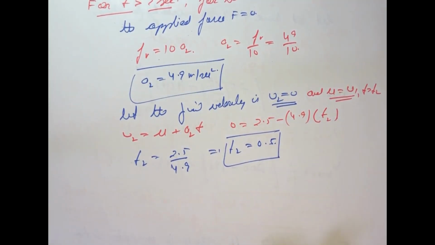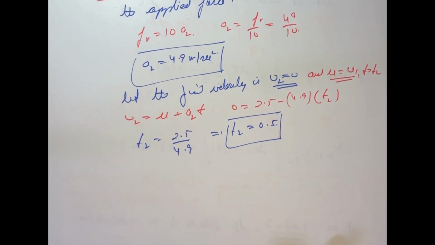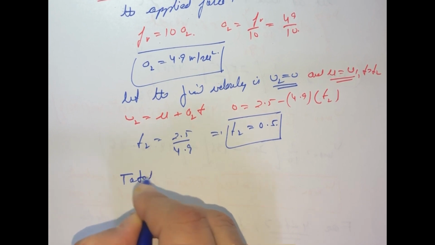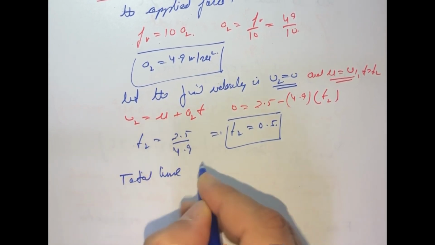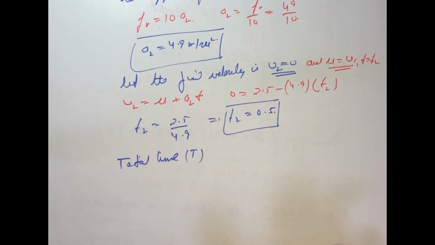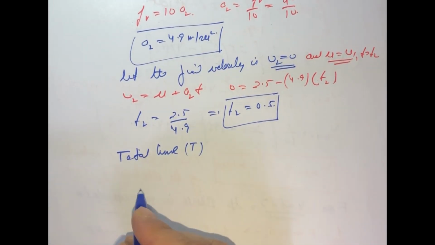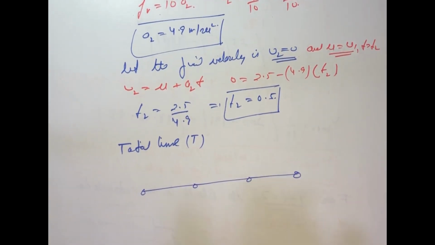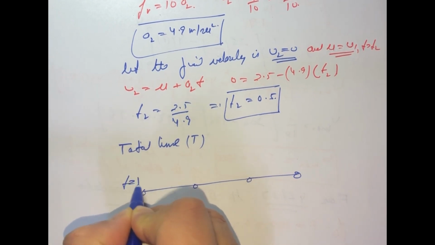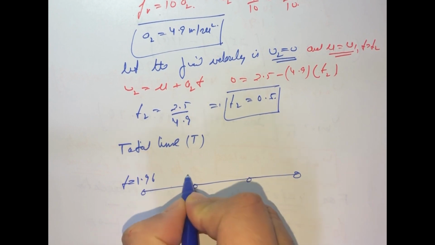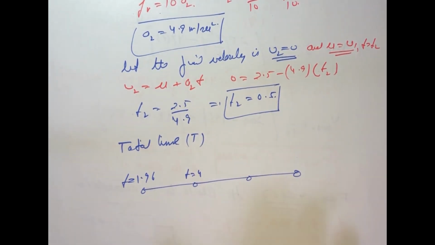Now let us find out the total time. So total time is given as capital T. So let us draw. Here the motion starts at t is equal to 1.96, and then there is a change at t equal to 4 seconds.